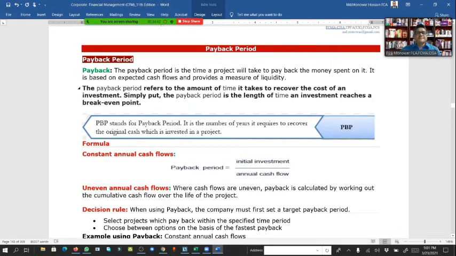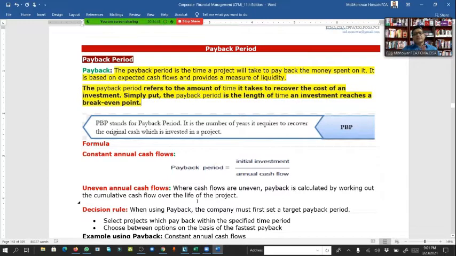So now, payback. It is the number of years required to recover the original cost, which is the investment in a project. The payback period is the time a project will take to pay back the money spent on it. It is based on the expected cash flow and provides a measure of liquidity.